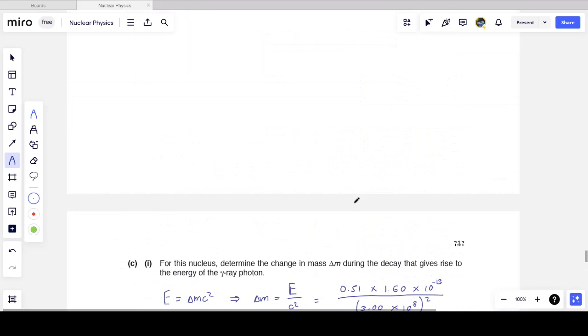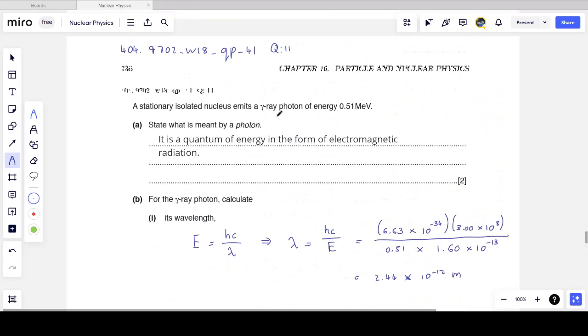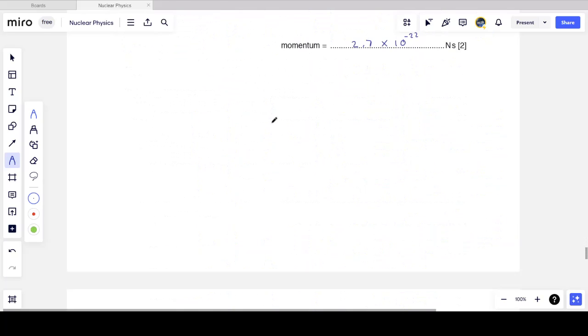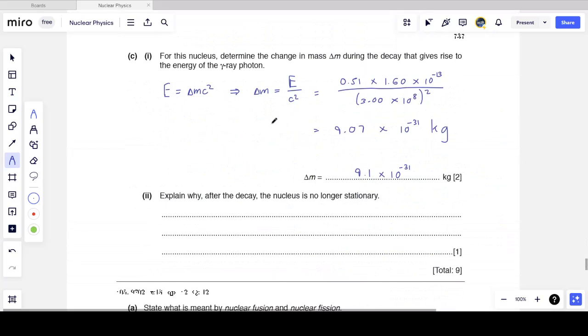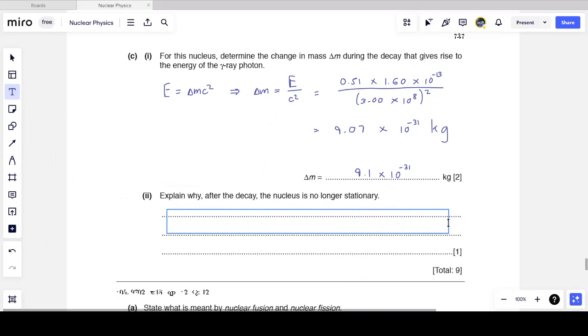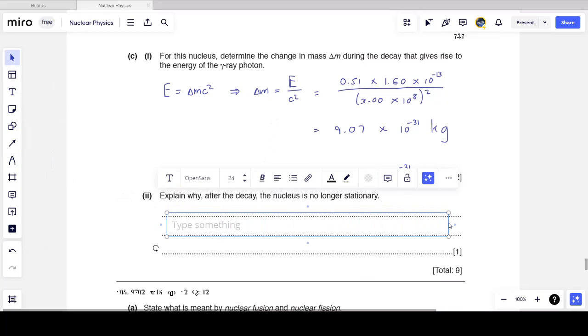So this stationary isolated nucleus emits a gamma ray photon at some random time. The nucleus fires the gamma ray photon with a certain energy and a certain momentum in a given direction. If it's initially stationary, it can't stay stationary because it's fired off a photon, a gamma ray photon.